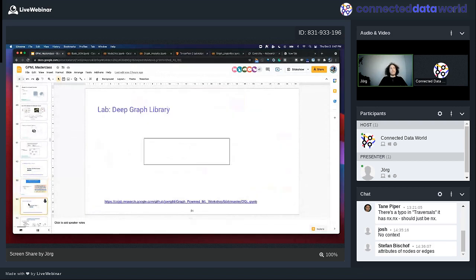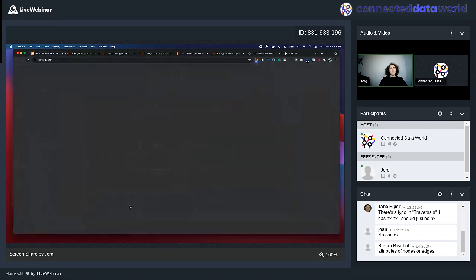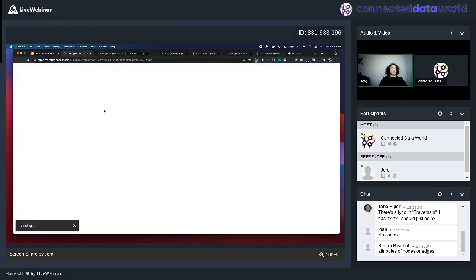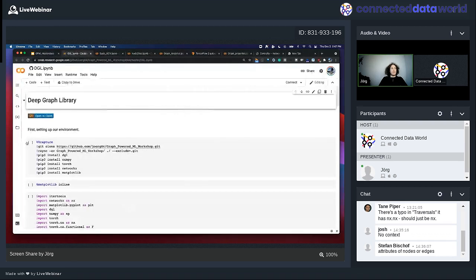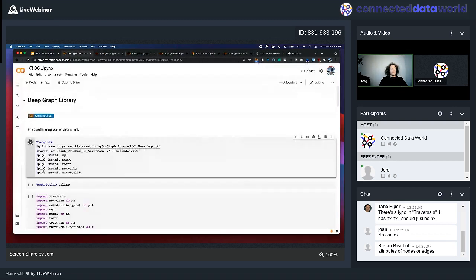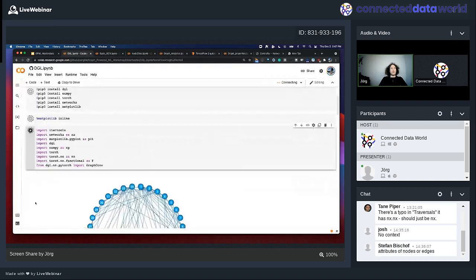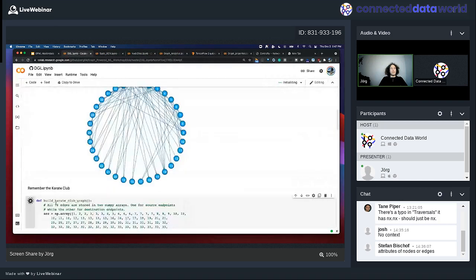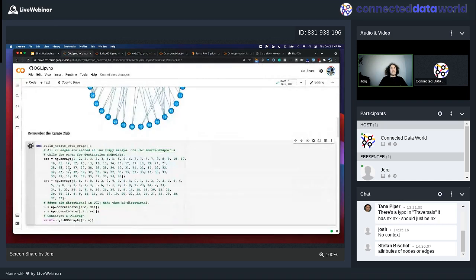So if we take a look here at the next notebook, DGL, we have it much simpler to instantiate that and run it on the Karate Club network. Interestingly, now they expect directional edges, so they again expect another encoding.